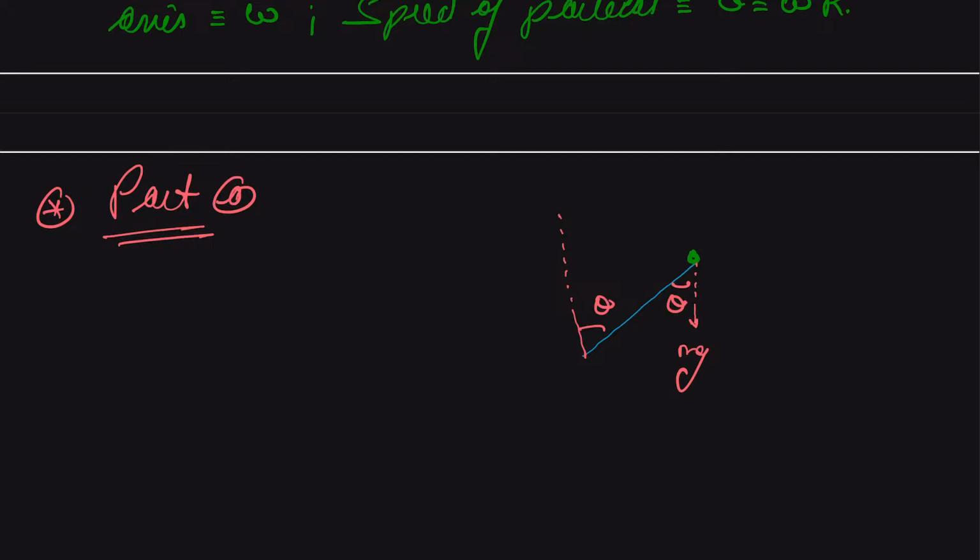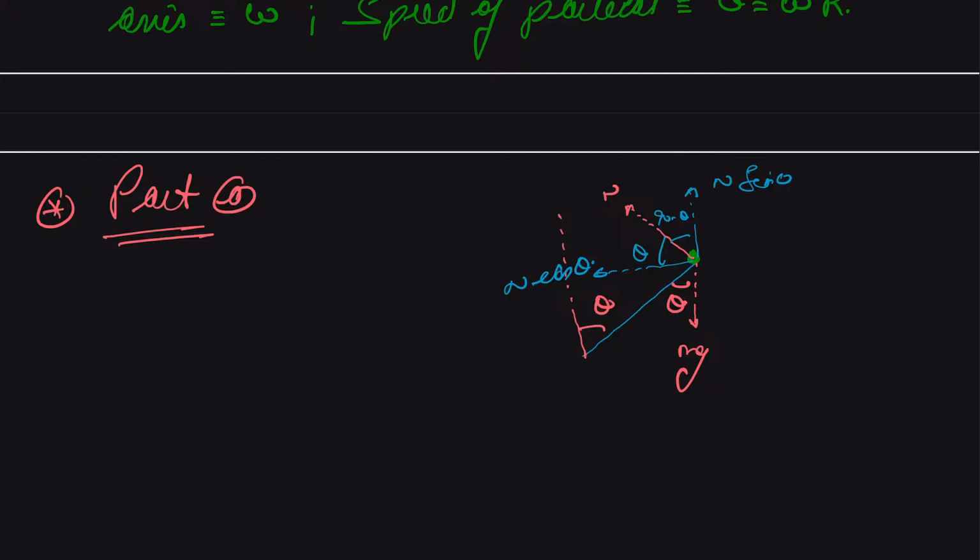There will also be a normal force acting perpendicular to the slant. We can divide this normal into two components: n sine of theta and n cos of theta.